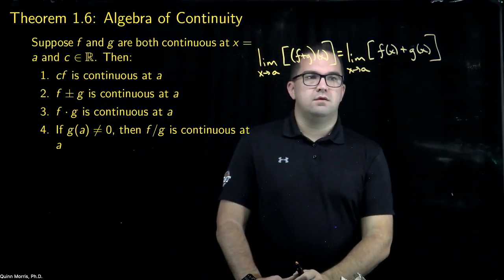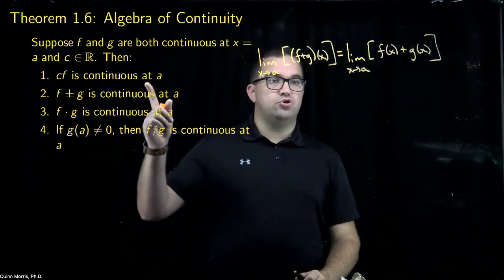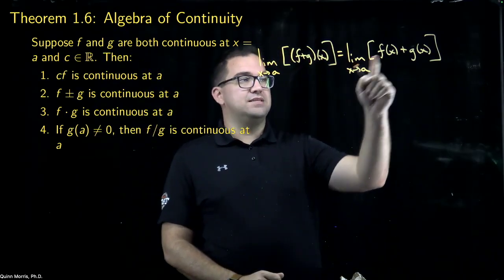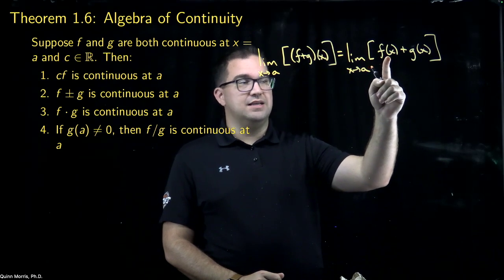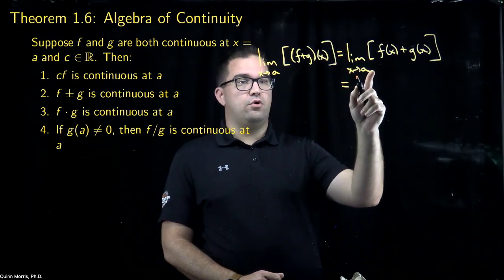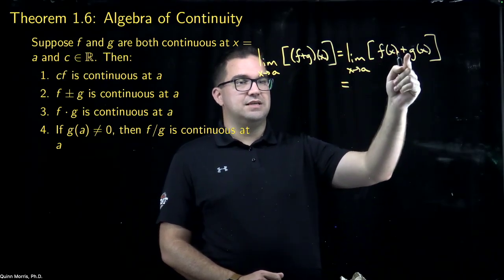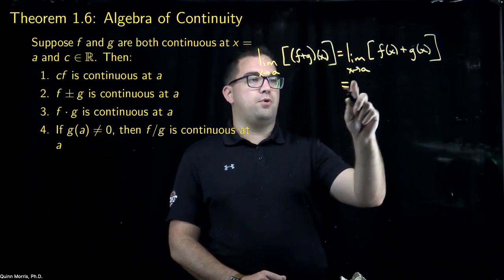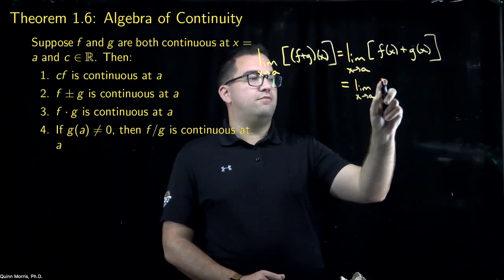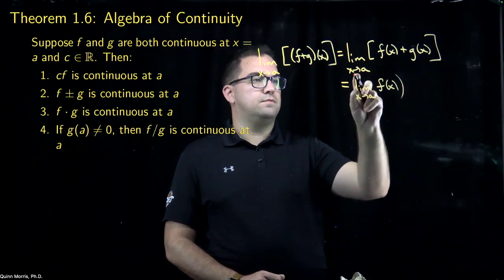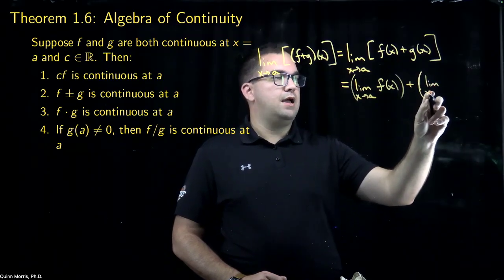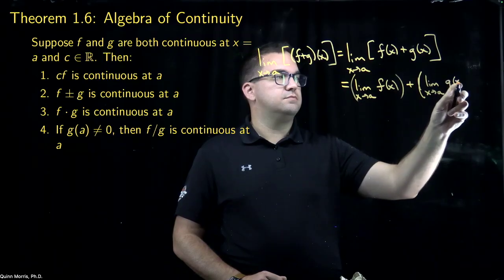Now, because I'm assuming that f and g are both continuous, that tells me that the limit as x approaches a of f of x exists, and the limit as x approaches a of g of x exists. Therefore, since each of these individual limits exist, I can use the algebra of limits properties to rewrite this as the limit as x approaches a of f of x plus the limit as x approaches a of g of x.